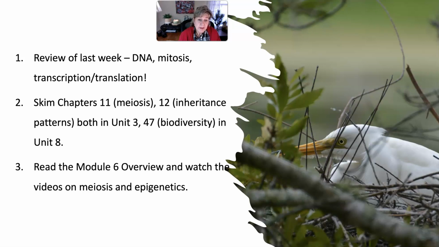Chapter 12 is all about inheritance patterns and Mendelian genetics, which you are covering in lab this week. So I do want to mention your lab this week. You don't have lab with me. I don't teach you lab, I teach you lecture, but I have taught the lab before, and this is a pretty intensive week in lab because you've got those fast plant seeds growing, and so there's a lot to do.